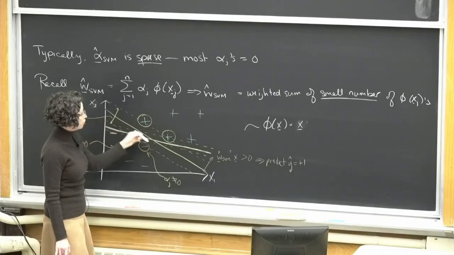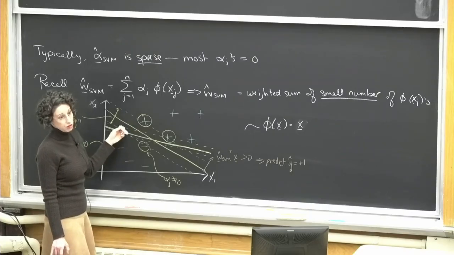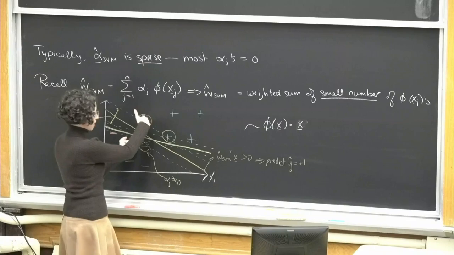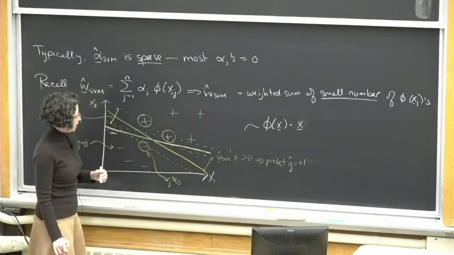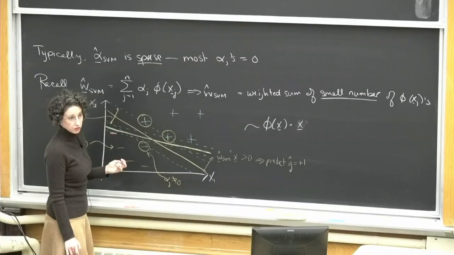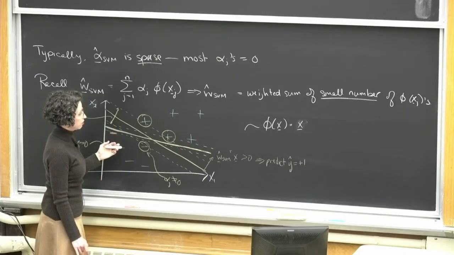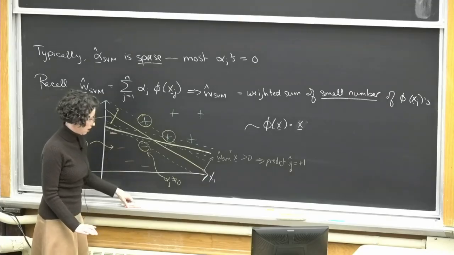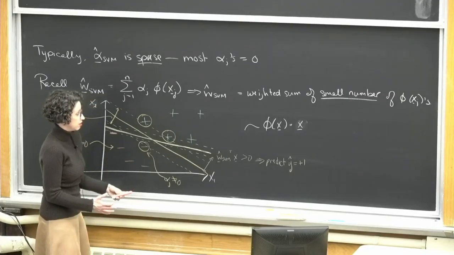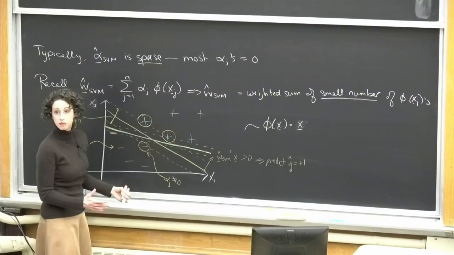I can draw a decision boundary that perfectly separates the positive and the negative examples, and they're separated by some margin. And so I can achieve 0 hinge loss. So this notion of a margin is a little bit more complex when we have non-separable data, but I'm not going to go into that today, but that is something that's discussed in our course textbooks.